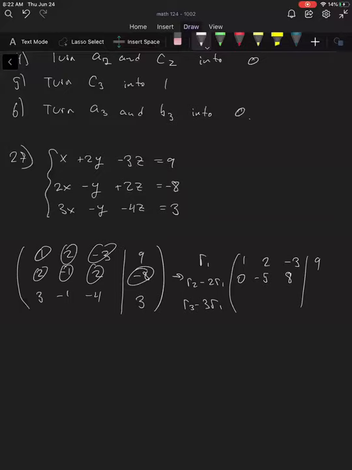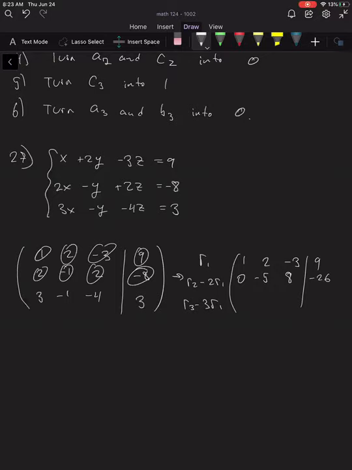And then minus 8 minus 18, let me just get a calculator, make sure. Because if you make a mistake here, everything's messed up from this point on. So we have minus 26. Okay, so that row's done.